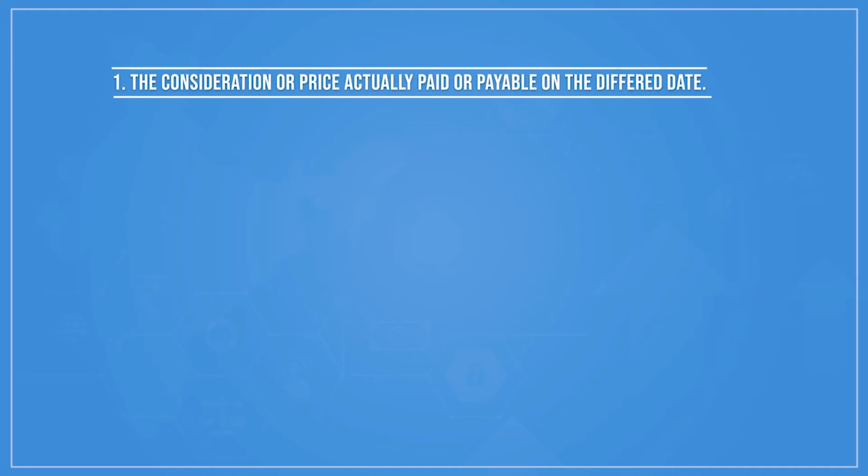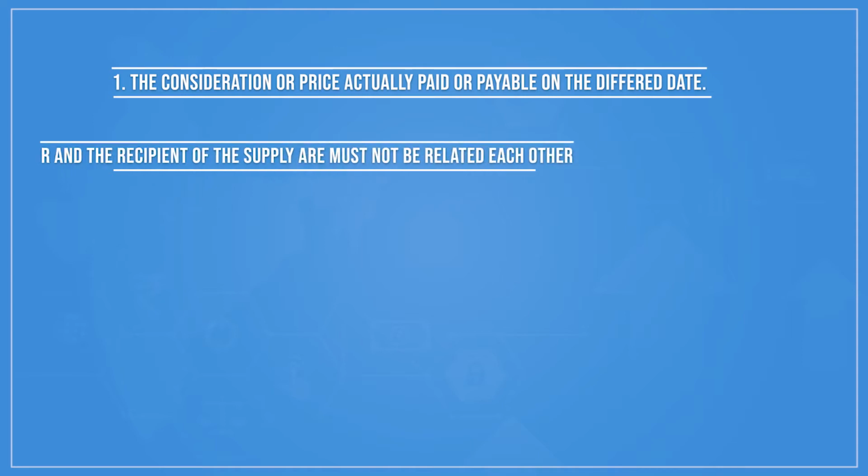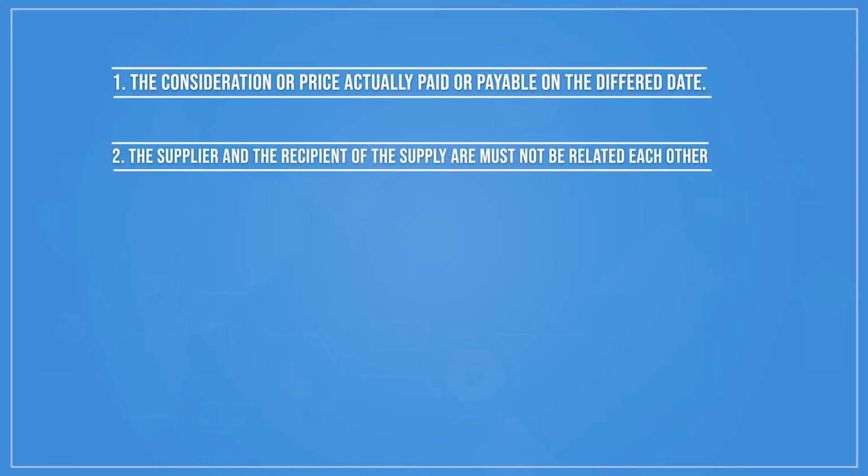Now let us discuss important points to be considered in relation to supply. The important points to be considered for valuation purpose are: number 1, the consideration or price actually paid or payable on the deferred date. Number 2, the supplier and the recipient of the supply must not be related to each other.